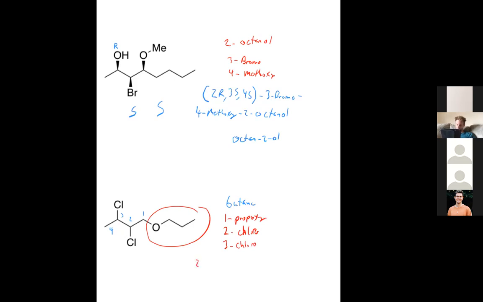So 2,3-dichloro-1-propoxybutane. Okay, any questions on these namings?